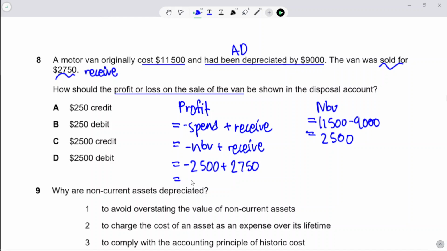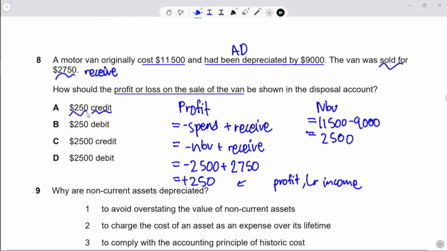So you get 250. So it's a profit, an income, so you credit it.